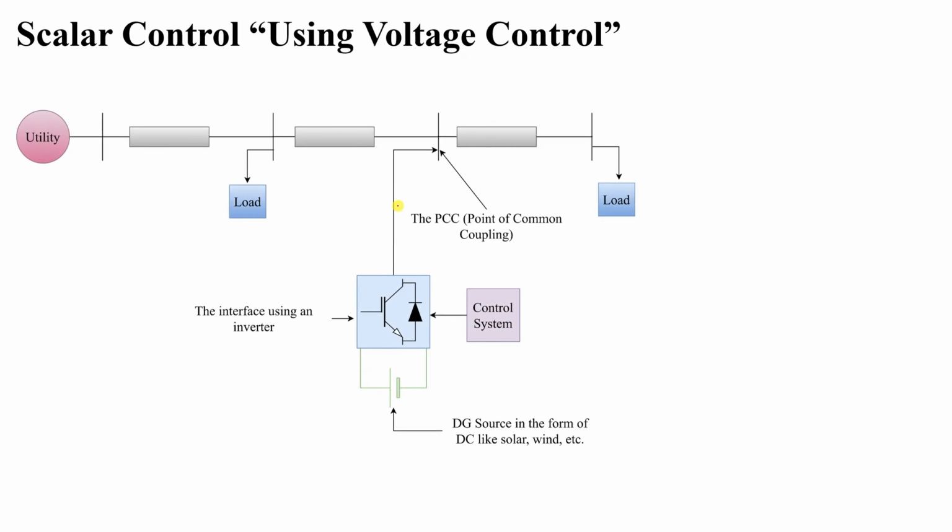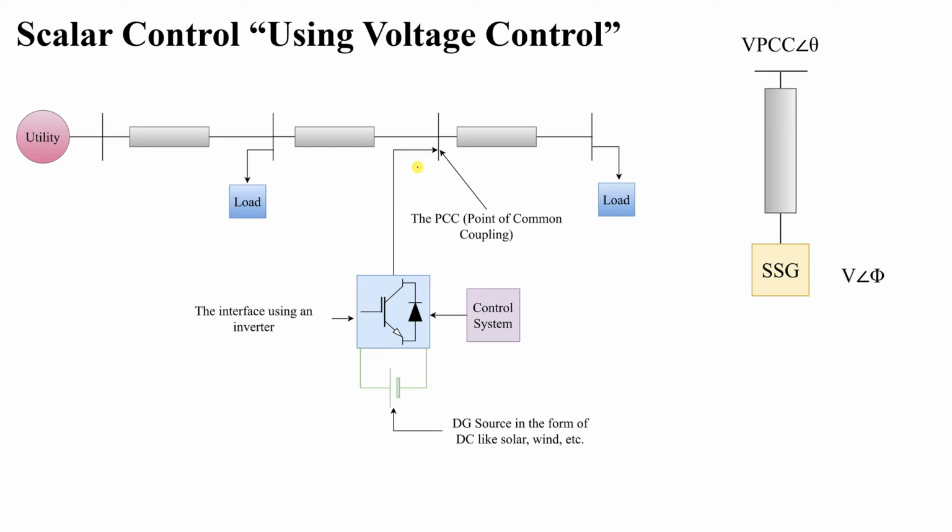So let's start by remembering our system. We said before that we have a connection with the point of common coupling, the point at which we are connecting our DG or static synchronous generator, the inverter, in addition to our DC source. And by using a control system, we can control how much active power and reactive power is injected to the point of common coupling.